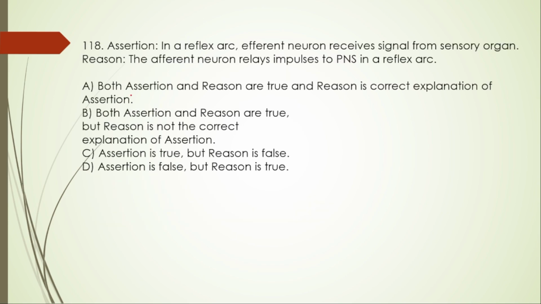Next, 118. Assertion and reason type question. In assertion, in a reflex arc, afferent neuron receives signals from the sensory organs. Reason: the afferent neuron relays impulses to PNS in a reflex arc. So here assertion is false and then reason is also false.